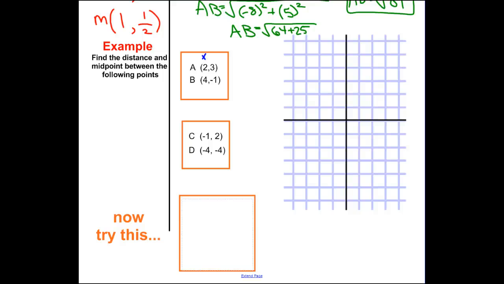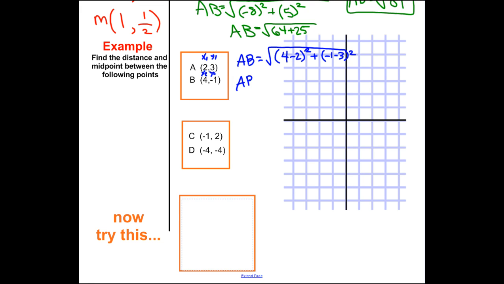We're given x1, y1, x2, y2. So let's find our distance. Our distance AB equals the square root of 4 minus 2 squared, plus y2 minus y1, which is minus 3 squared.